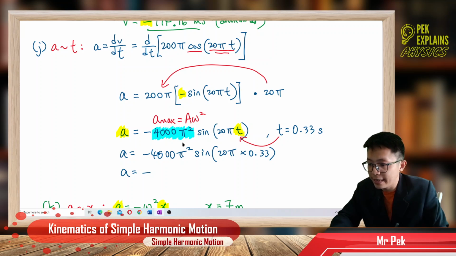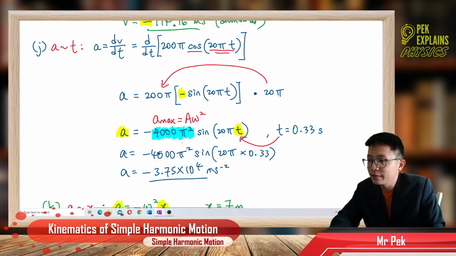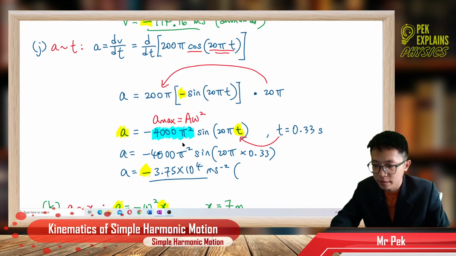We got the answer negative 3.75 exponent 4 meter per second square. So the negative sign here, what does it mean? It means downward.